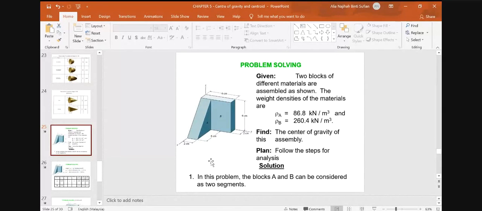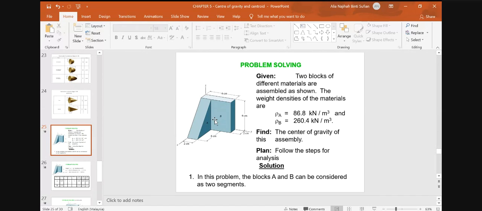Since the materials A and B are different, the density of A is also different from B. The density of A is given as 86.8 kilonewton per meter cube, whereas the density of B is given as 260.4 kilonewton per meter cube. Find the center of gravity of this assembly.